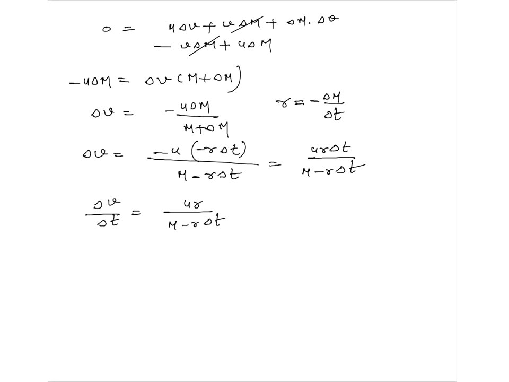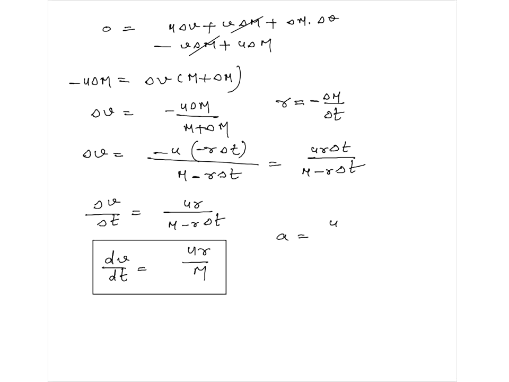Now, taking the limit delta t tending to 0, that will become dV by dt, which is UR by M. Now dV by dt is the acceleration, that's why we wanted it. So acceleration is given by UR by M.